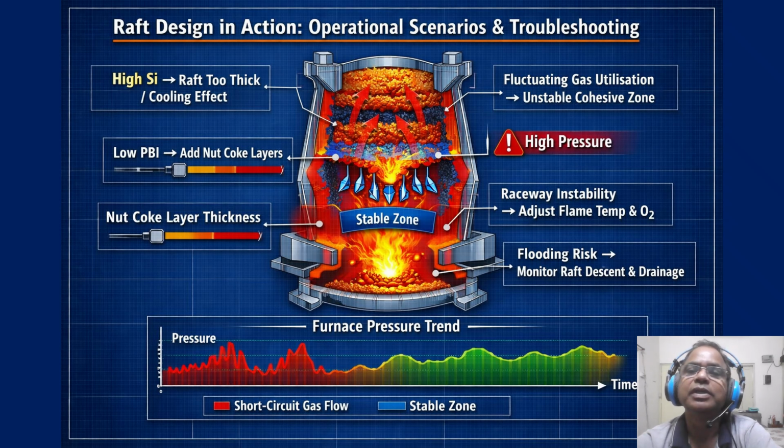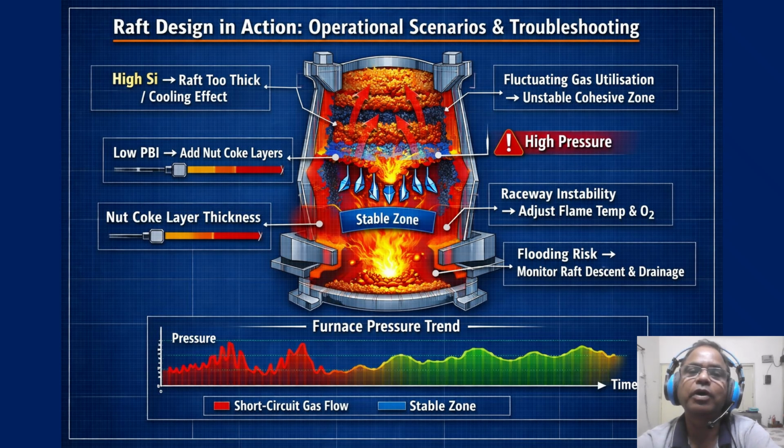Scenario 2, gas utilization, CO by CO2 ratio. Is it bouncing? That's an unstable cohesive zone. The raft is shifting and reforming. Check your ballast stop ring angles. You might need to move the O-ring inward by 2 degrees to thicken the intermediate region. Scenario 3, permeability index drops below 24. That's your red alert.